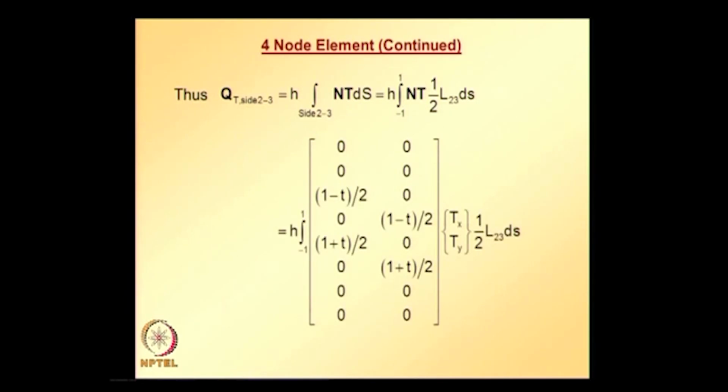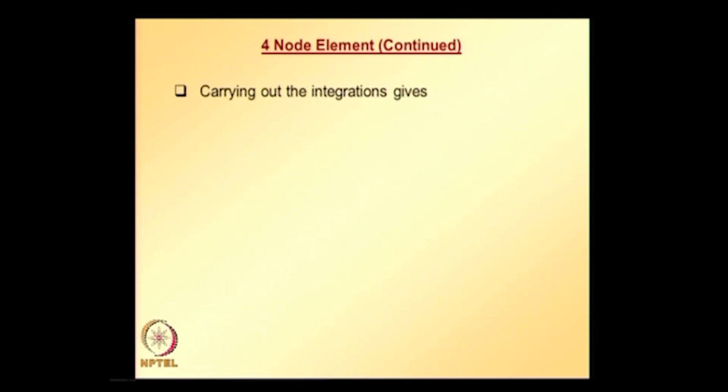Since here we assumed Tx and Ty are uniform, in other words constant, we can easily obtain this q vector in closed form. Carrying out the integrations we get q in this manner. Similar to the linear triangular element, this equation says the total pressure along a side is divided equally among the two nodes along that side.